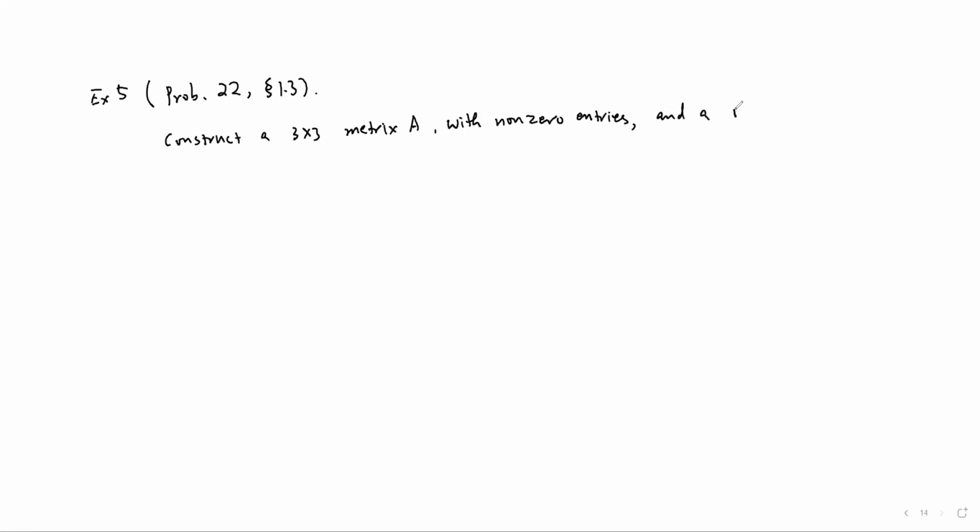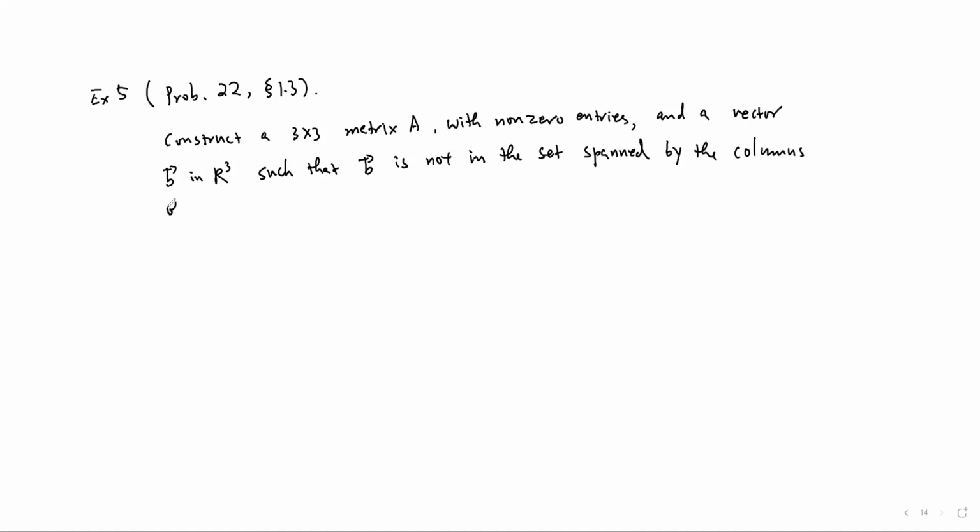And construct a vector B in R3. The vector has 3 entries, such that vector B is not in the set spanned by the columns of matrix A. So here, you need to review what it means: a set spanned by vectors.